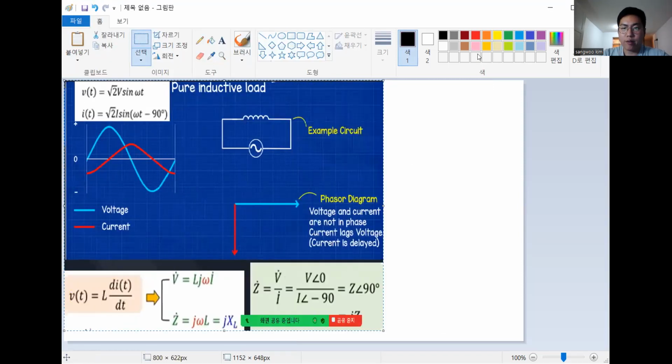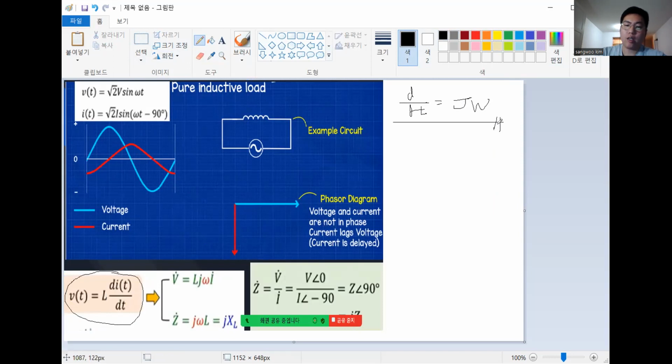Okay. So first of all, look at that. And we will differentiate this equation. Look at that. So d/dt becomes j omega if we do the differential. And look at that. For example, here we know about the sine.